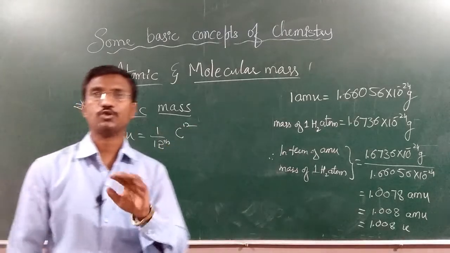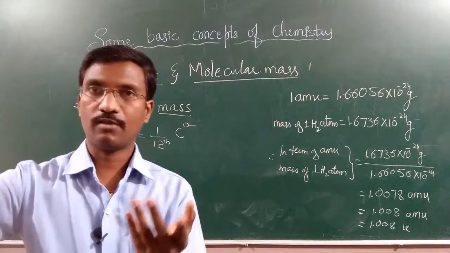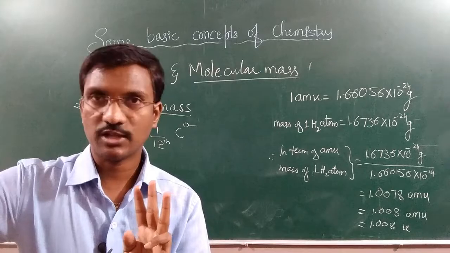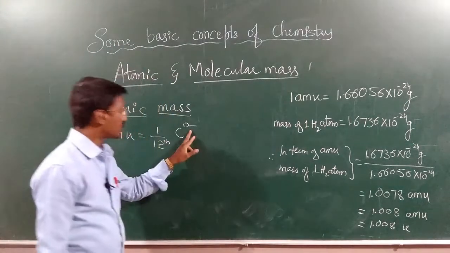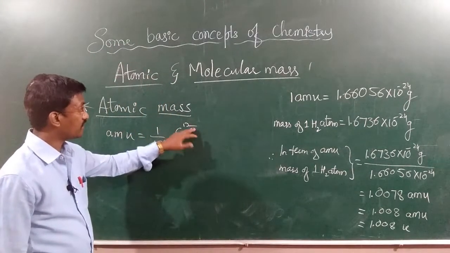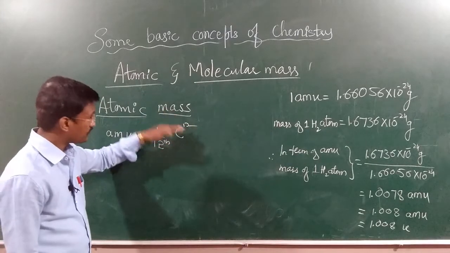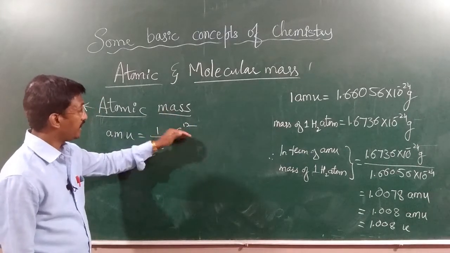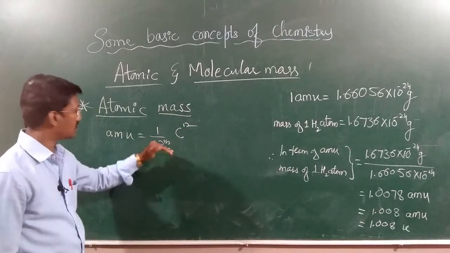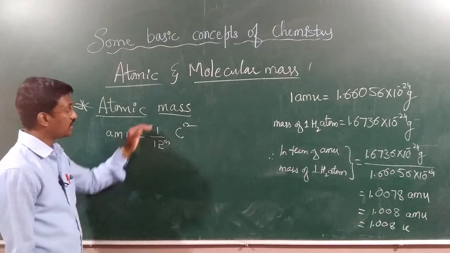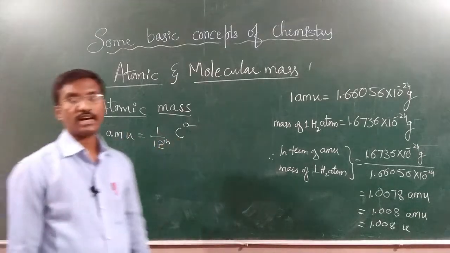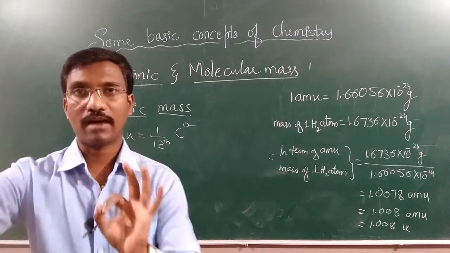Carbon has the isotopes carbon-12, carbon-13, carbon-14. There are 3 types of isotopes, and among these 3, carbon-12 is considered the standard. The mass of this carbon-12, its 1/12 division itself is called the atomic mass unit.